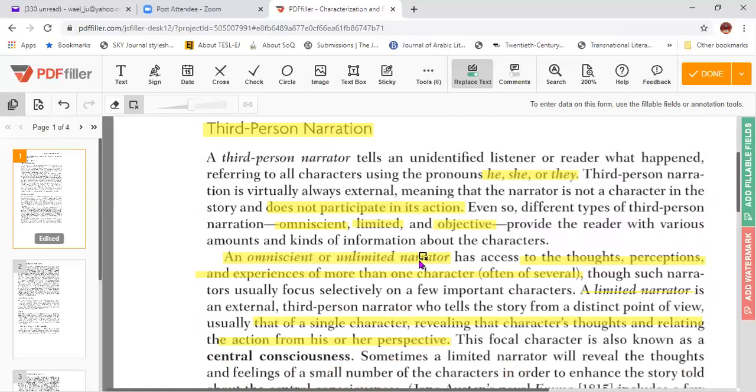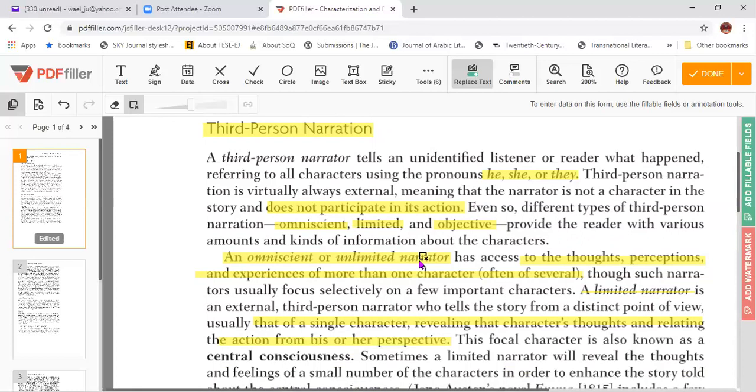And this kind of narrator is divided into three: omniscient, limited, and objective. Now, omniscient is the narrator that has the ability to access the character's thoughts, experiences, and feelings, and he has access to many or several characters. Now, the limited is the opposite. He has access to one single character. And that's why we call him a limited narrator, because he has access to a single character.